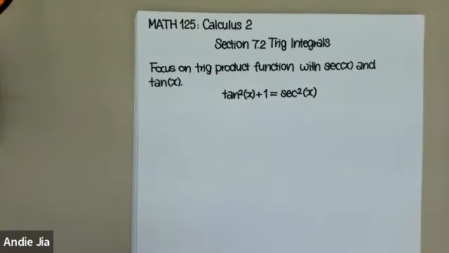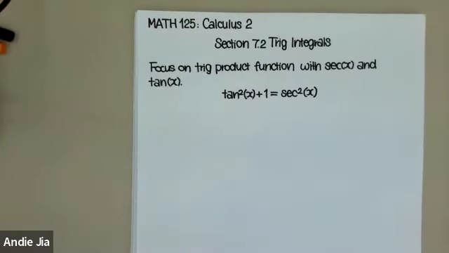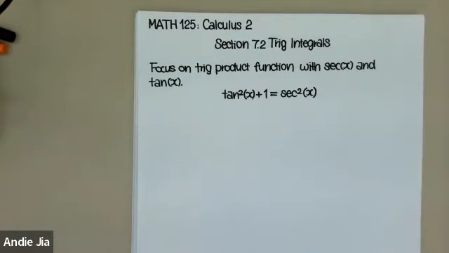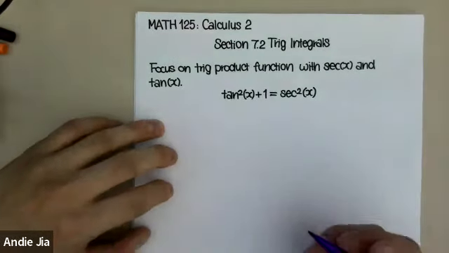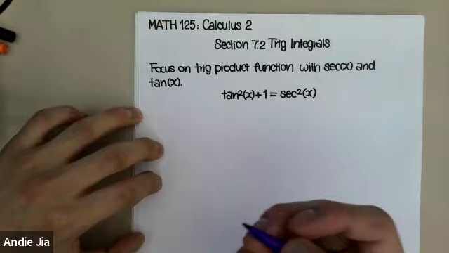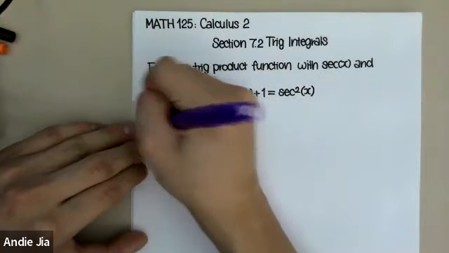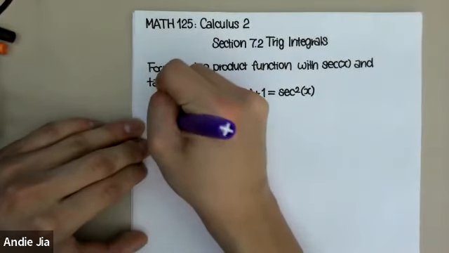There are two cases. Case 1 is an even power on secant of x.